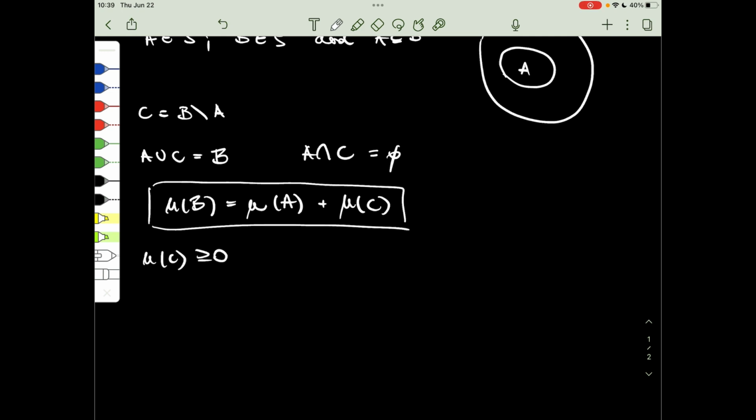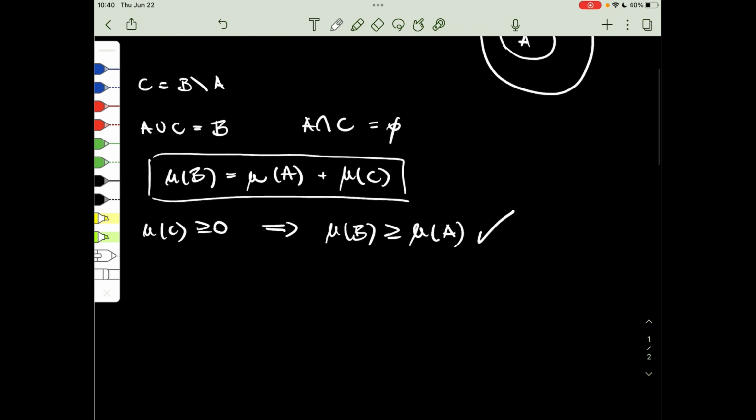mu is a measure, so it is non-negative, it follows that the measure of set B is higher or equal to the measure of set A, and this is one of the results we were supposed to show.